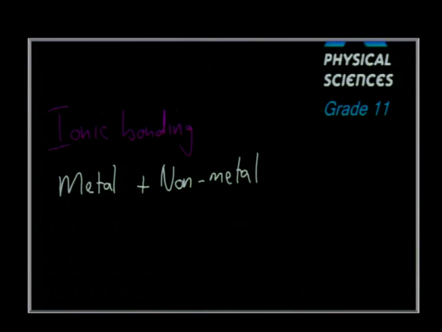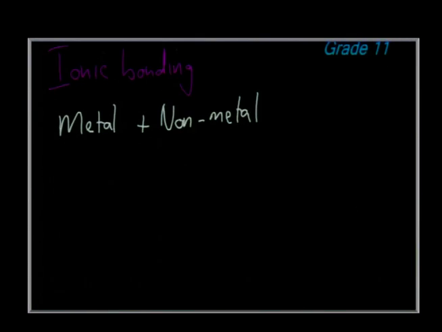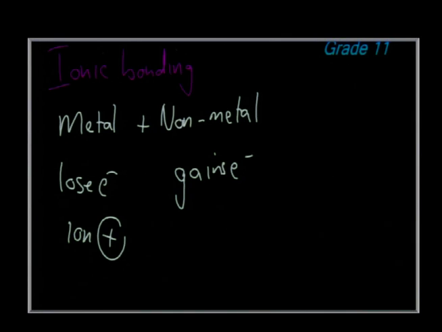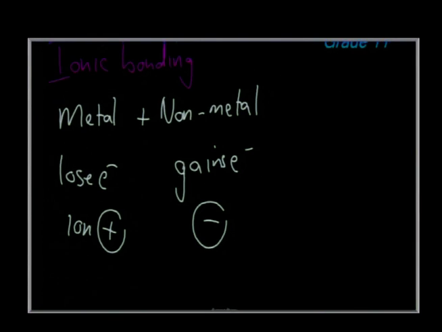We think that what happens in this model is that the metal loses electrons and the non-metal gains those electrons. And so the metal becomes an ion which is positively charged, and the non-metal becomes a negative ion, and we give them special names.